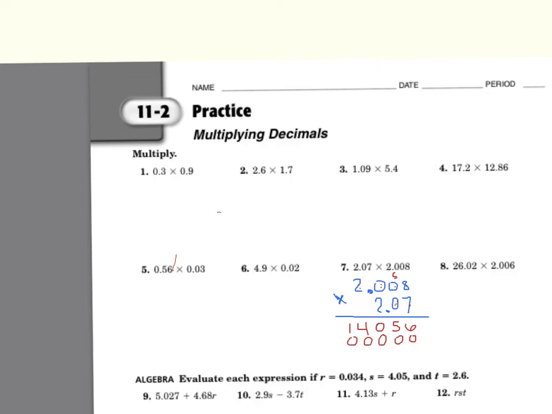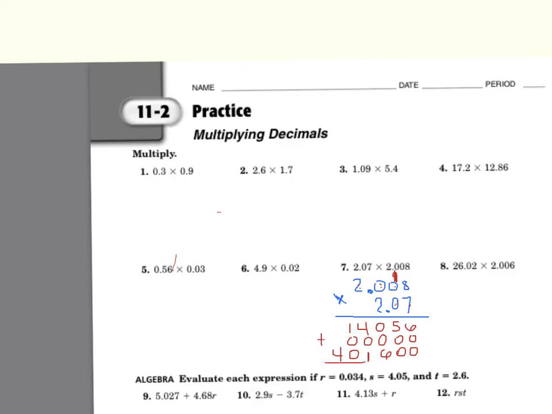You should just be working much faster than me. Okay, next row, we're going to start out with 2 zeros this time. 1, 2. Now multiply. 2 times 8 is 16. Carry the 1. 2 times 0 is 0, plus 1 is 1. 2 times 0 is 0, and 2 times 2 is 4.